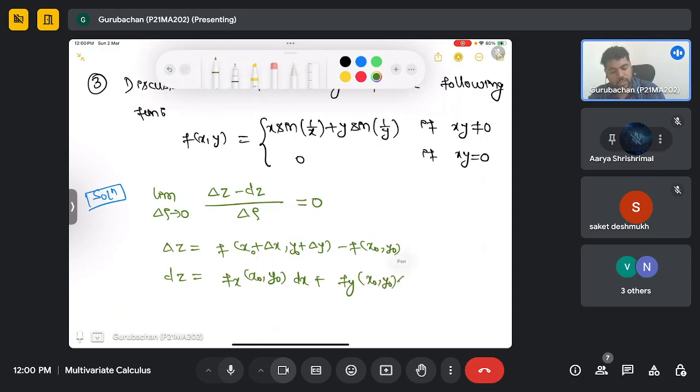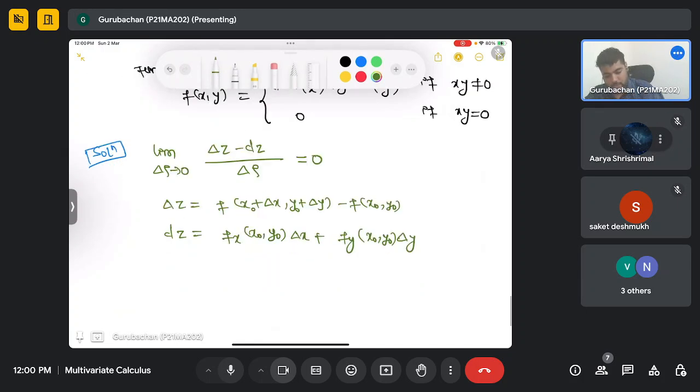So here we can also write delta y, since in the above line we have used this one. And delta rho is here nothing but under root of delta x square plus delta y square.